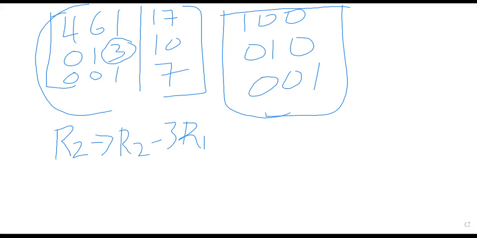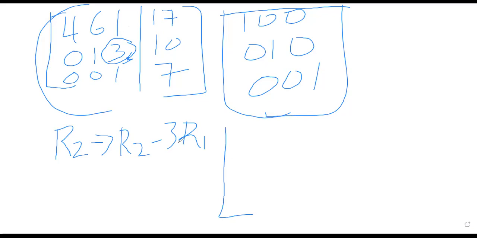The reason is I want to subtract something from this 3 so that I get 0. I have 1 here. How do I change this 1 into 3? By multiplying it by 3. That's why I've made it 3 row 1.